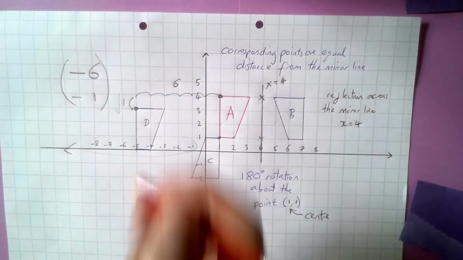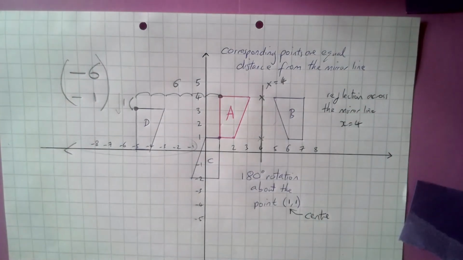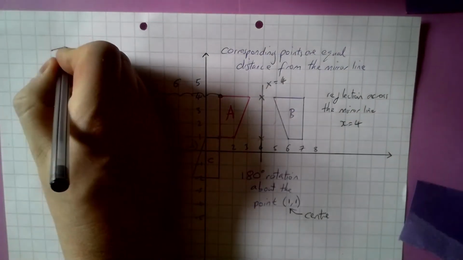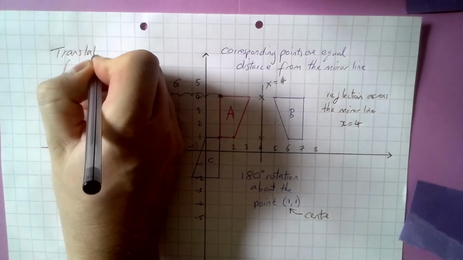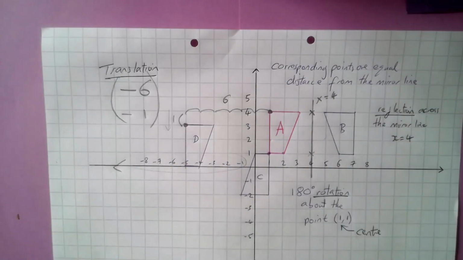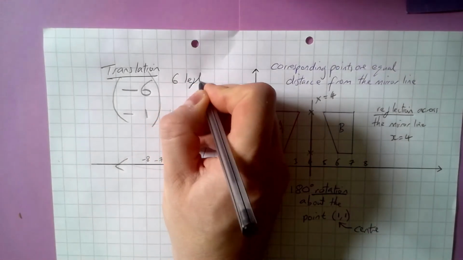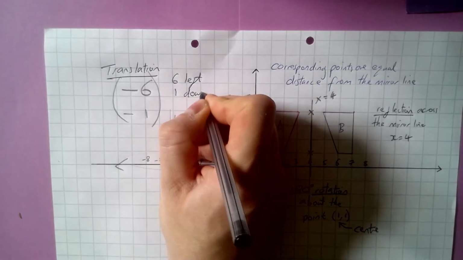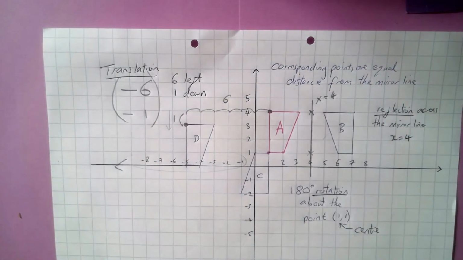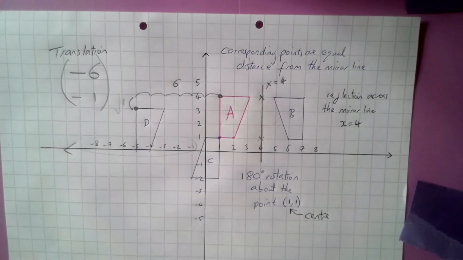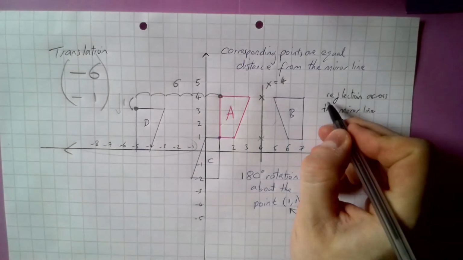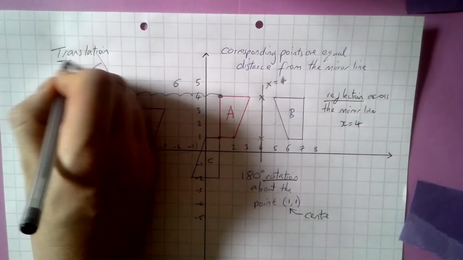So this is a translation of minus 6, minus 1. Alternatively, if you don't need to write a vector, you could say that it is 6 left, 1 down. So the three have been used here. We have reflection, rotation, and translation.